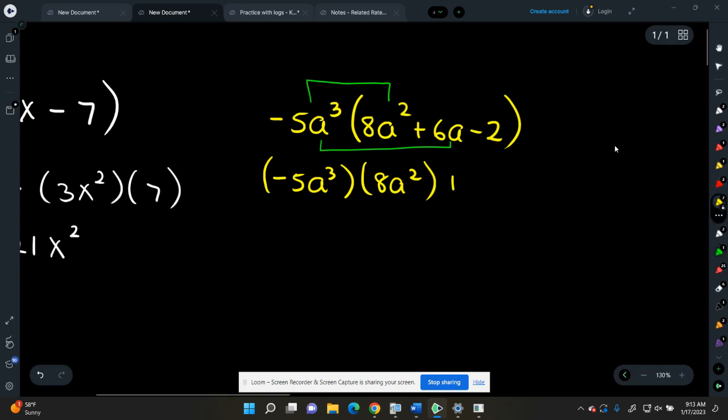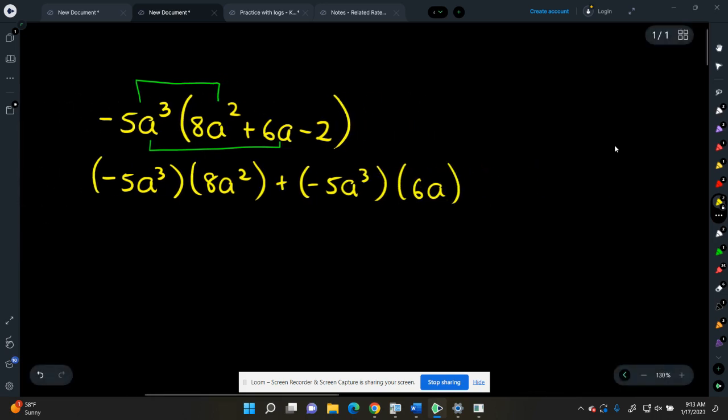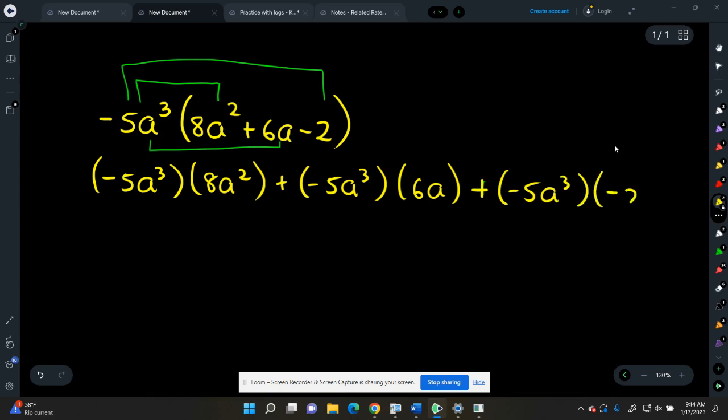So that's going to be plus negative 5a to the third times 6a. And then we'll go over to the negative 2. So that's going to be plus negative 5a to the third times negative 2.